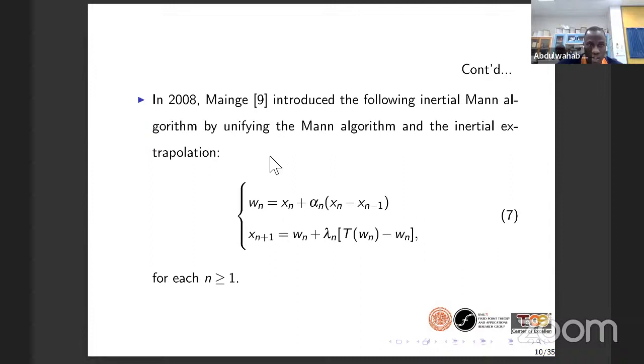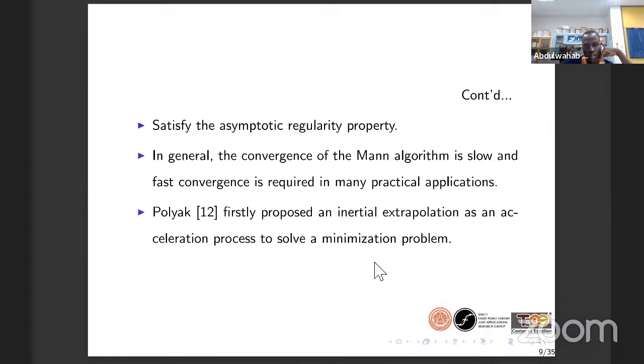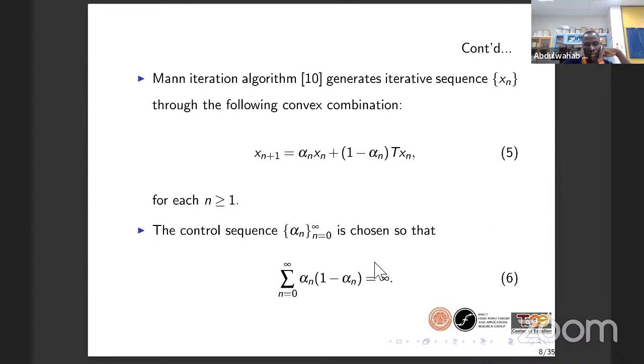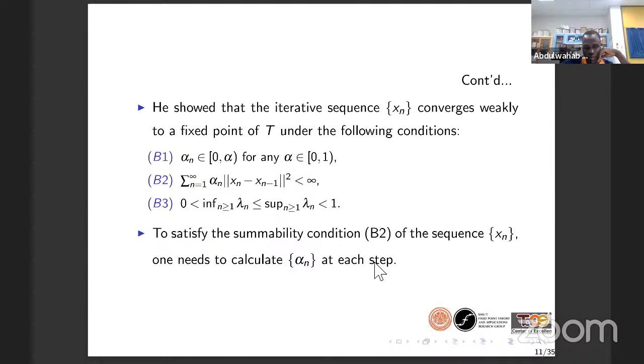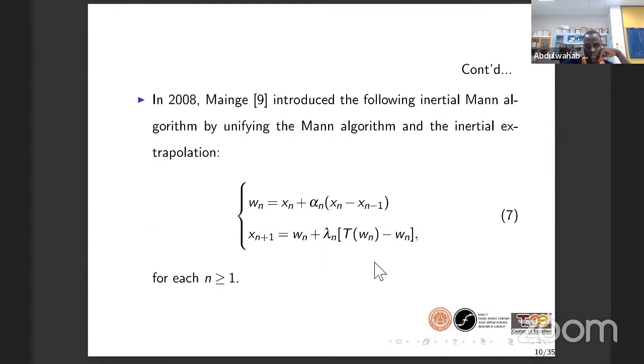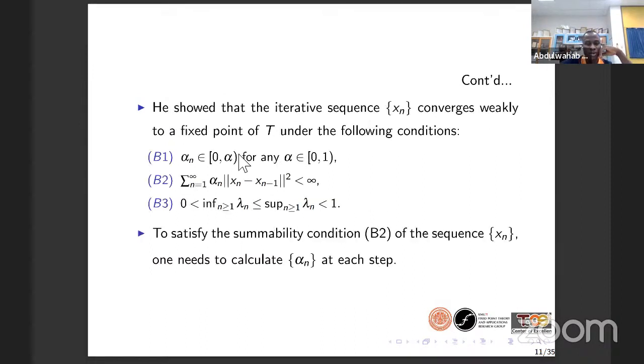For example, in 2008, Maingé introduced iterative method 7, which is the inertial Mann iterative algorithm, by combining the Mann algorithm and inertial extrapolation. He also justified that iterative method 7 converges faster than iterative method 5, and proved that the sequence generated by iterative method 7 converges weakly to a fixed point of T when the conditions B1 to B3 are satisfied.